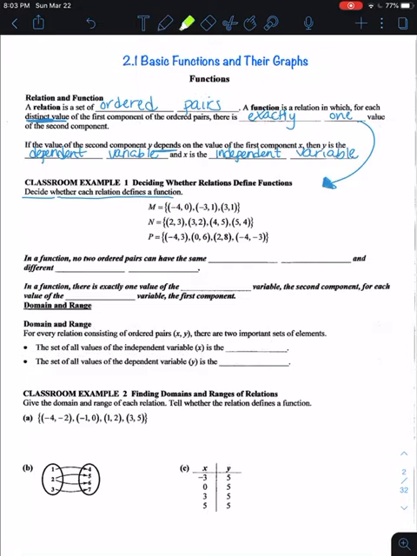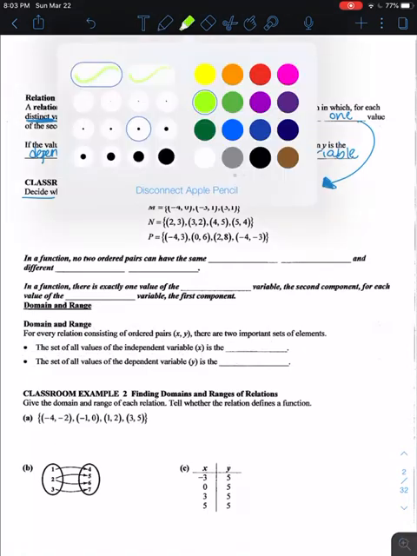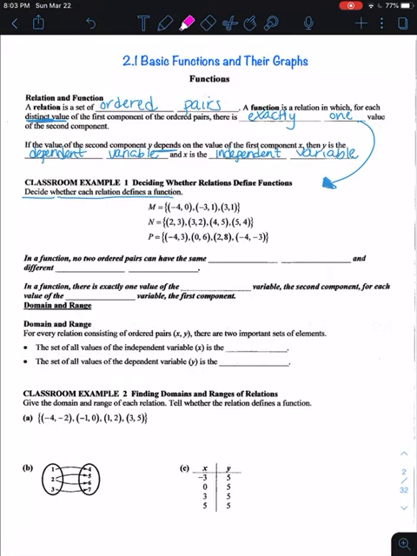That's all you care about. So I'm going to highlight my x values. Here in M, I have -4, -3, and 3. Since they're all different numbers, that means that M defines a function. It's as simple as that. None of the x values repeat, so you have a function.